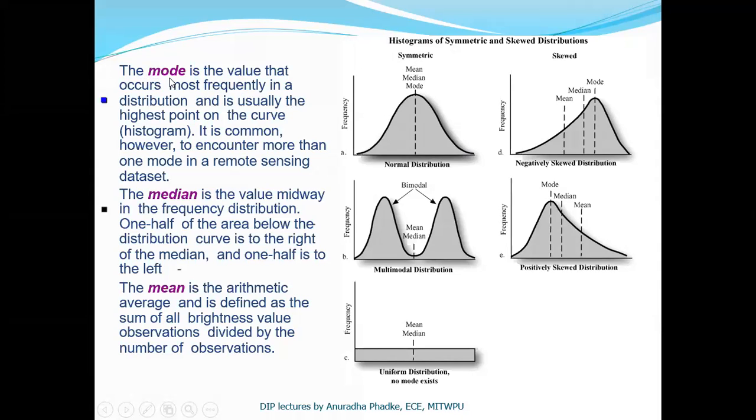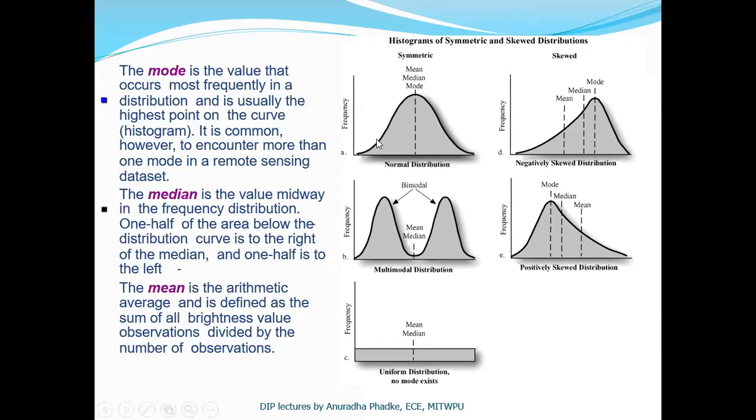So what is mode? Mode is the value that occurs most frequently in a distribution, and it is usually the highest point on the curve of the histogram. So mode represents the most frequent gray value in the given image.